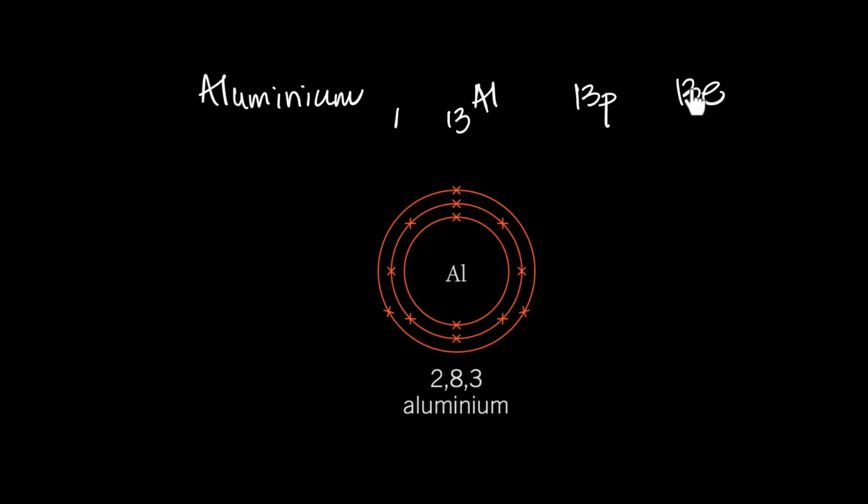Since it has 13 electrons, 2 go in the inner shell, then the second shell contains 8, that makes 10. You've got 3 left. Then the third shell takes in the 3 more. So the first shell has 2 electrons, the second shell has 8, and the last one has 3: 2, 8, 3, totals up to 13 electrons.